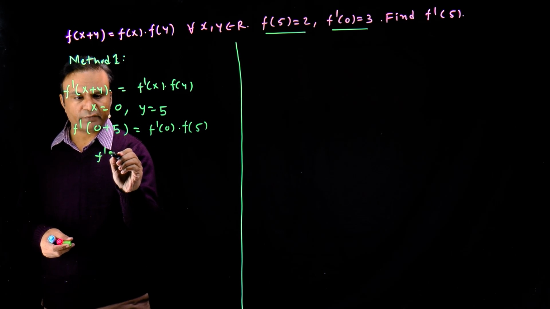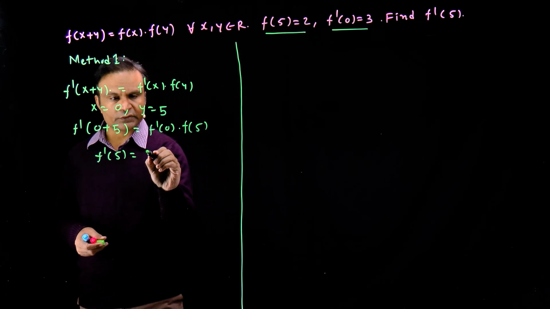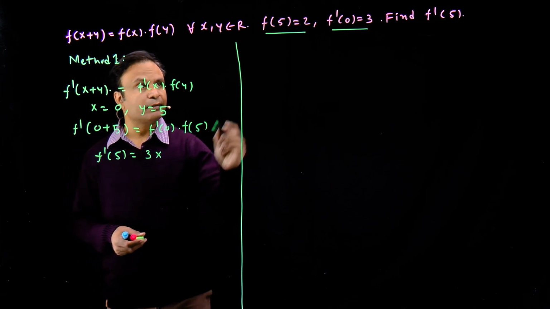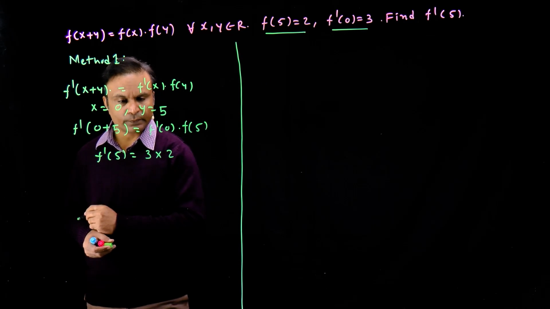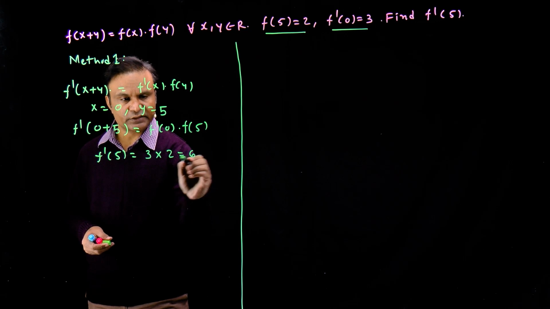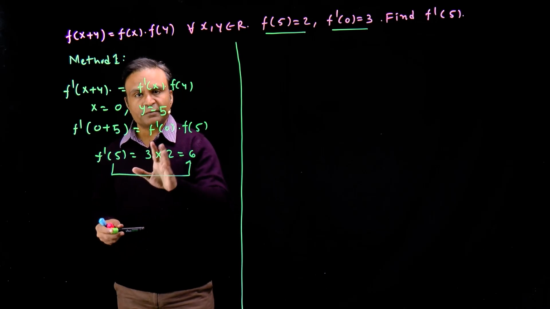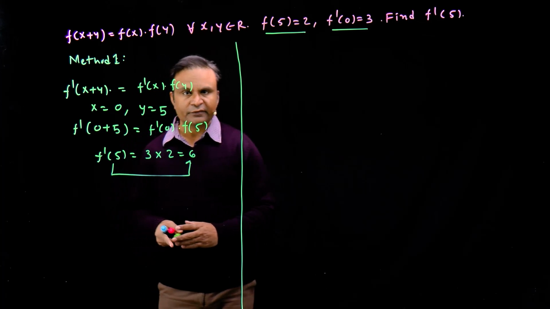So I get f dash 5 is equal to, the value of f dash 0 is 3, so I have here 3 multiplied by f of 5 is equal to 2. So here I get 3 multiplied by 2. This means f dash 5 is equal to 6. So this is one method in which we are using direct differentiation.